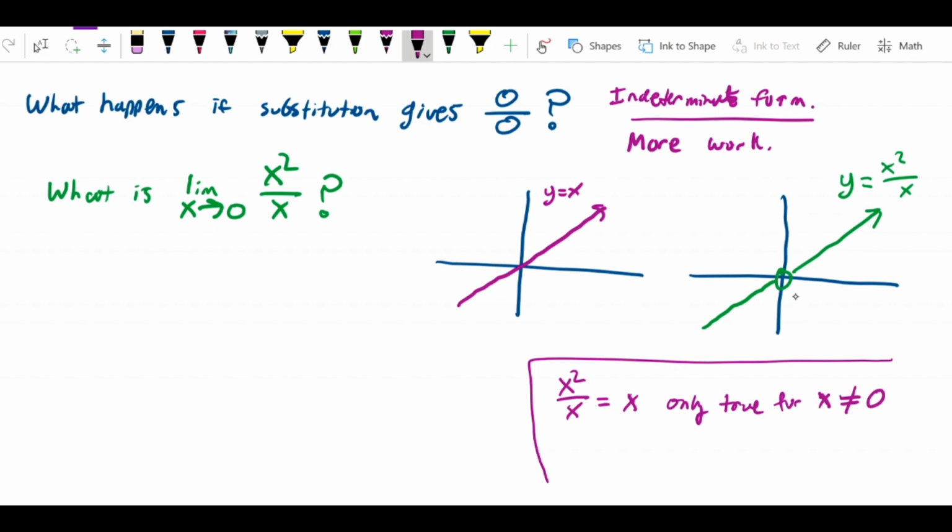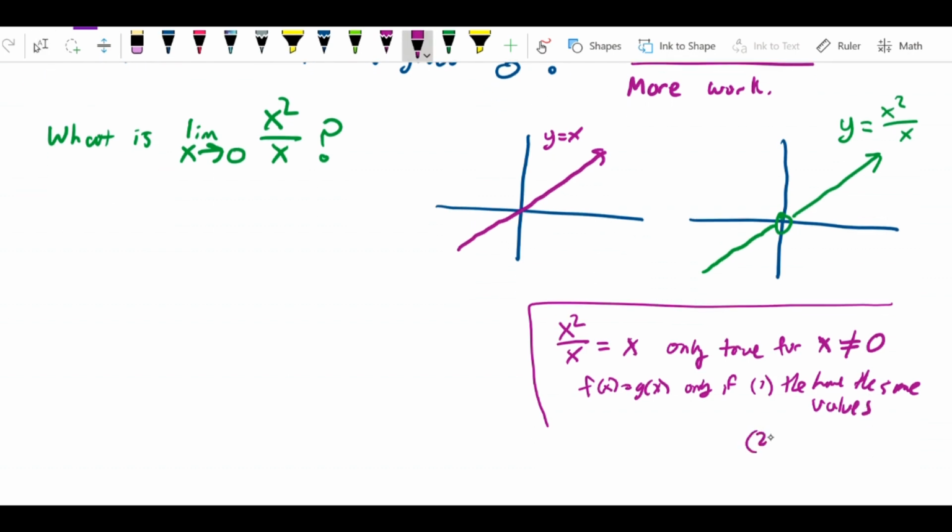It's for this reason that we say that the two functions are not equal, because we actually write that f of x equals g of x only if 1, they have the same values, and 2, they have the same domain.